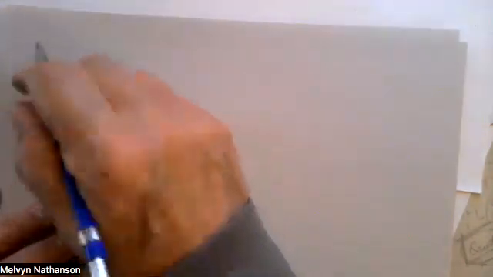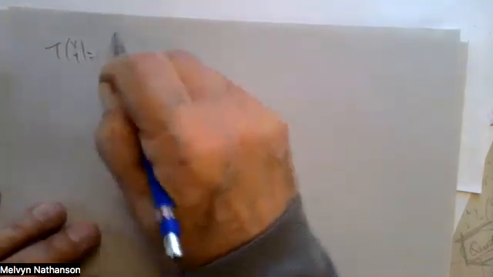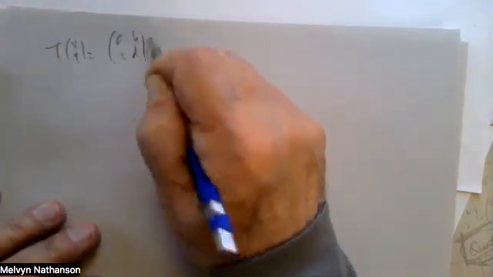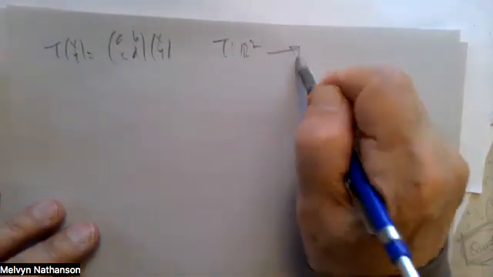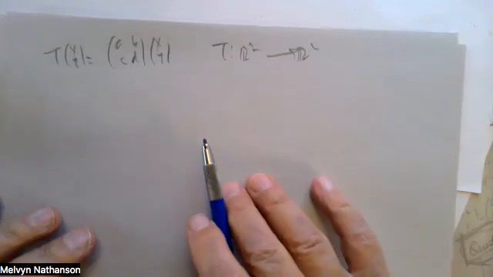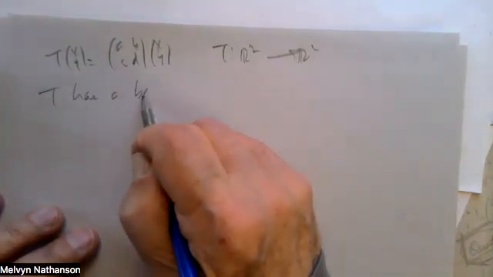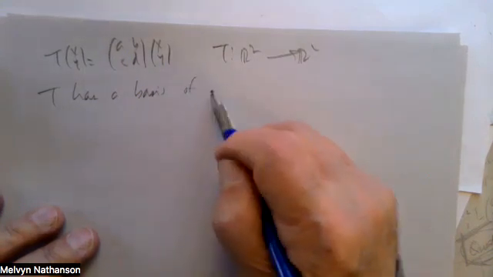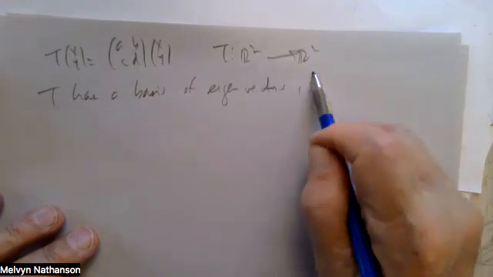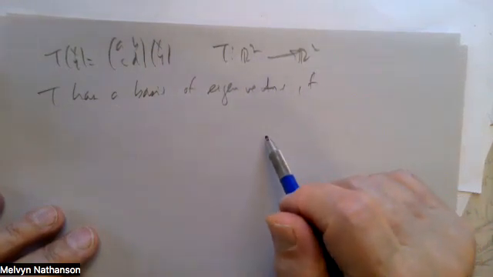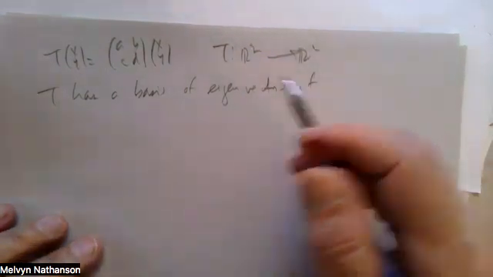Let's see. Suppose we have T of (x, y) is the matrix A, B, C, D times (x, y). We have this linear transformation from R2 to R2. So T has a basis of eigenvectors if, what are the equations an eigenvector has to satisfy?